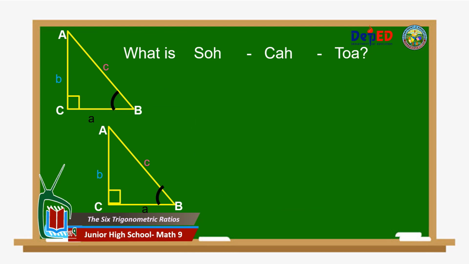What is SOHCAHTOA? SOH is used for sine, CAH is used for cosine, and TOA is for tangent.